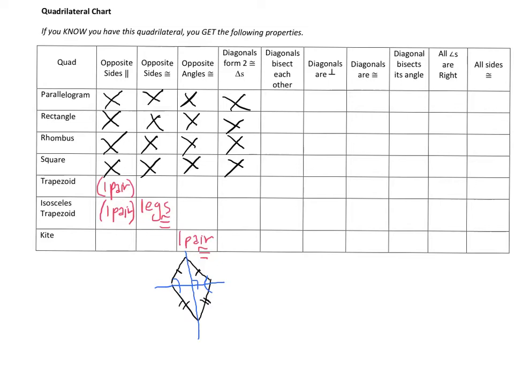But we do know that for a kite, like I just drew, I'll redraw it again, if you draw a line straight down the middle, you can have side-side-side to prove that those two triangles are congruent.